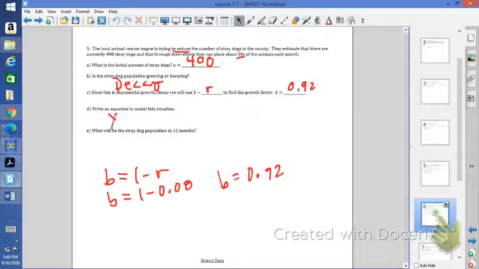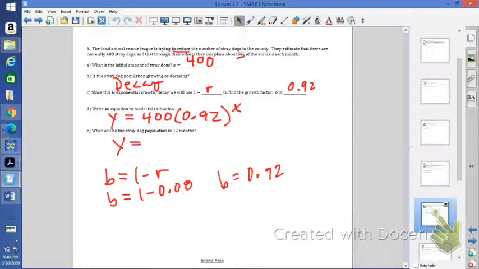Let's write the equation. y equals 400 times 0.92 to the x. And then what will the stray dog population be in 12 months?